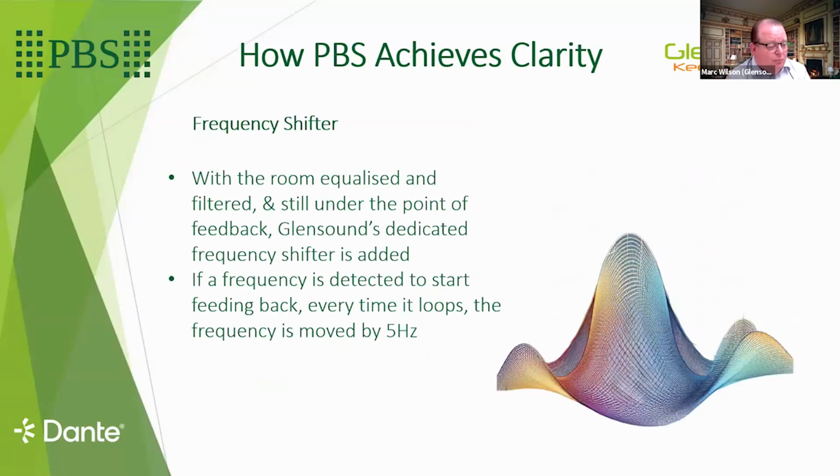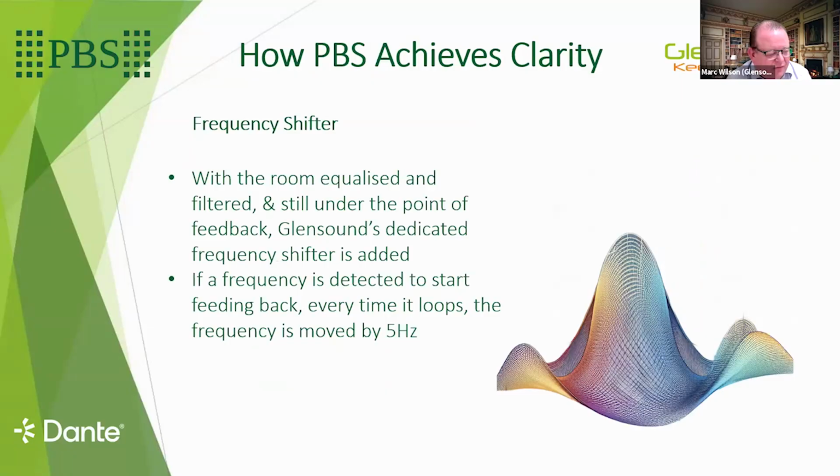And finally, with the room equalized and filtered and still under the point of feedback, we then add our frequency shifter, which has been refined over many, many years. This was designed initially for one of the early Parliament systems that we had.